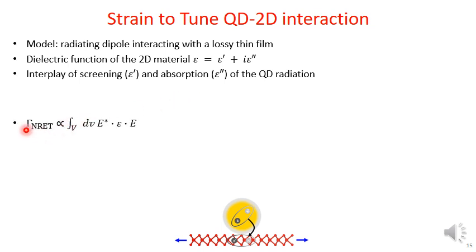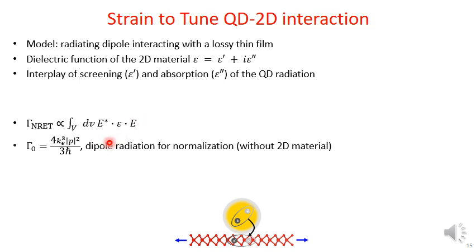The non-radiative energy transfer rate is proportional to this integral, where E is the electric field of the emission and epsilon is the dielectric function of the two-dimensional system, and we integrate this over the whole volume of the two-dimensional material. We can represent this normalized to the dipole radiation into space without the two-dimensional material.